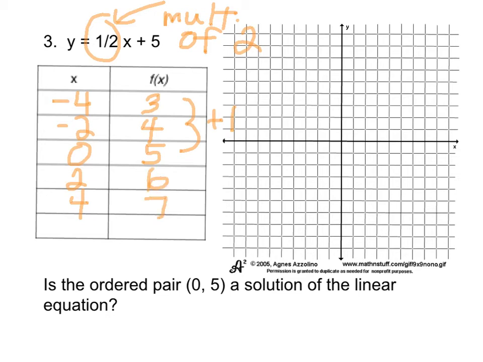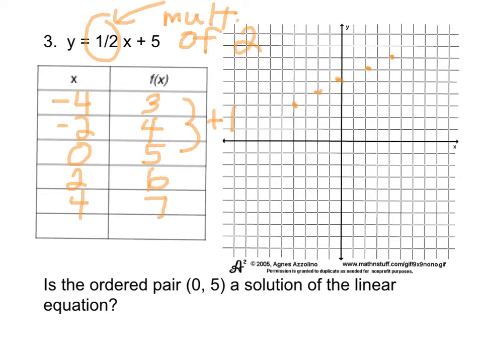And so now I can plot my ordered pairs: -4, 3; -2, 4; I have 0, 5; I have 2, 6; and 4, 7.